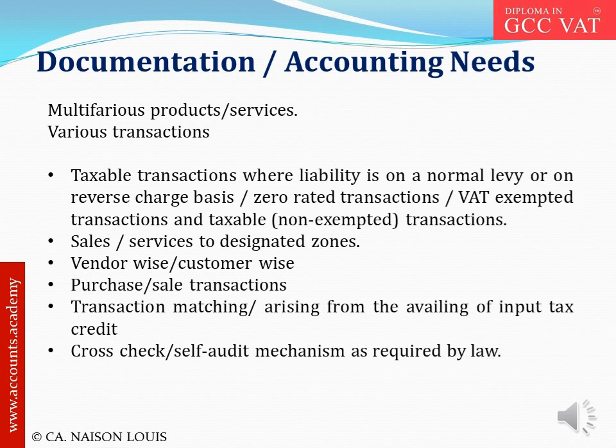Then again, we have to do the matching of transactions for availing input tax credit. Again, cross-check or self-audit mechanism as required by law should be done to ensure for calculating the correct tax liability and payment of such tax.